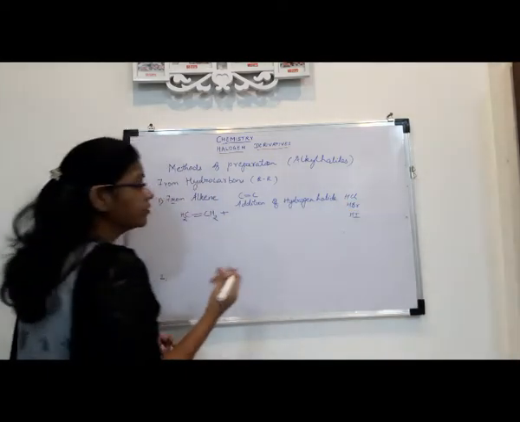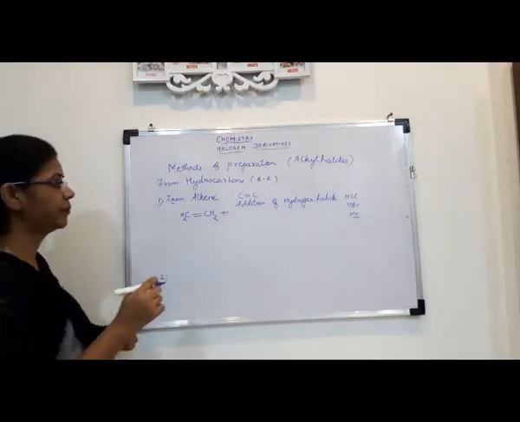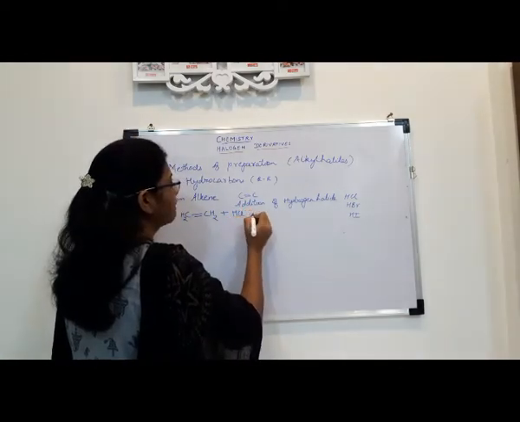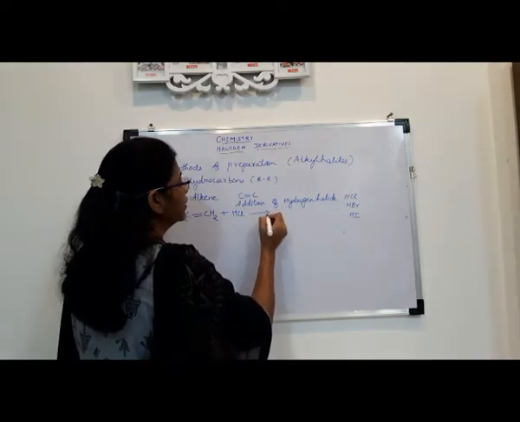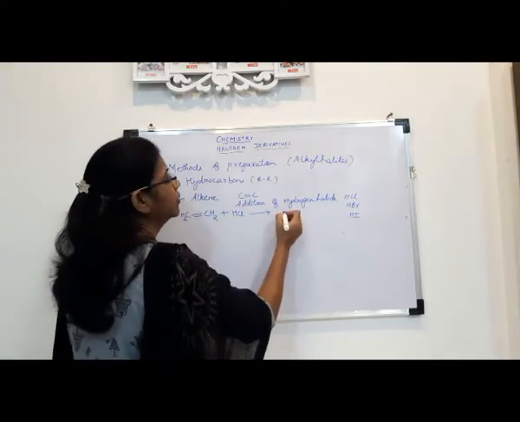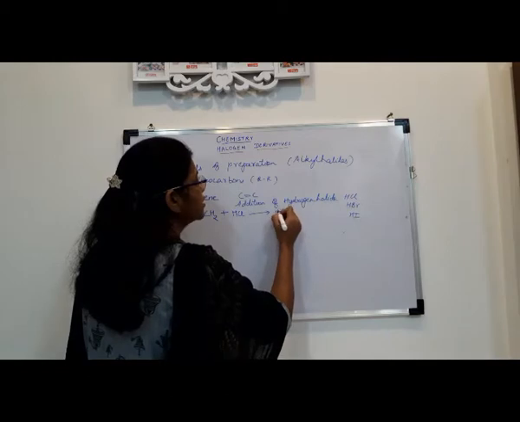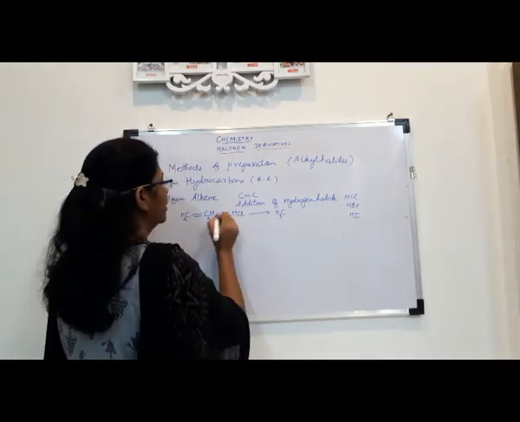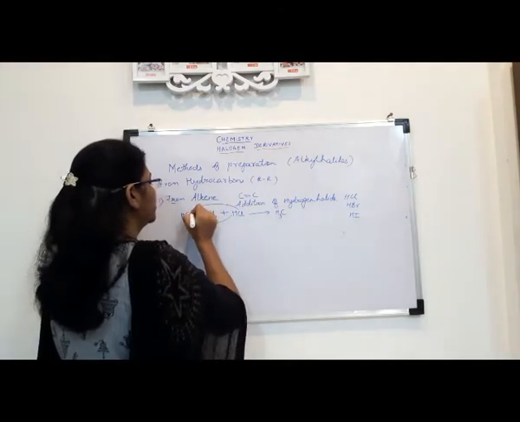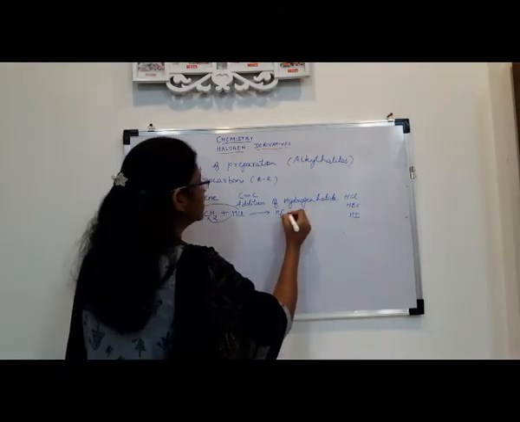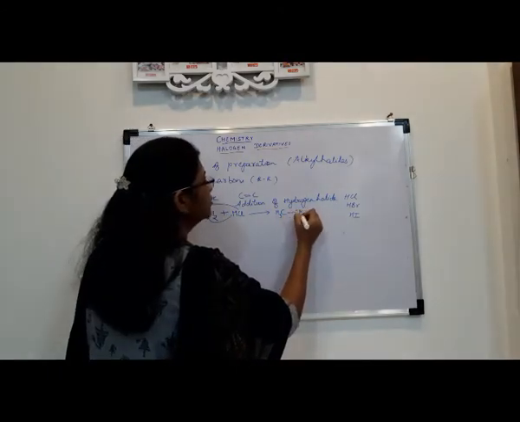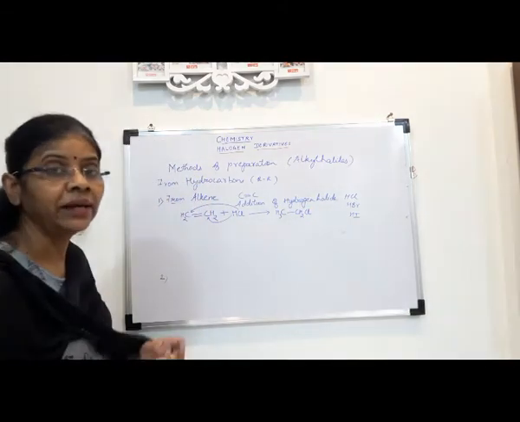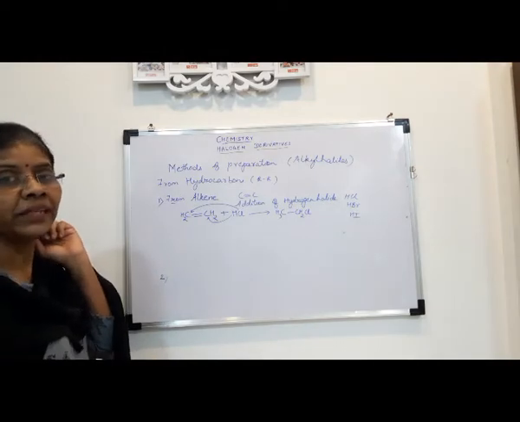Okay, HF is usually not used. Now if I carry it out with HCl, what's going to be the product? CH3. So hydrogen will bond here and chlorine will bond to this carbon atom. Correct? CH3CH2Cl. So you are getting ethyl chloride from ethene.